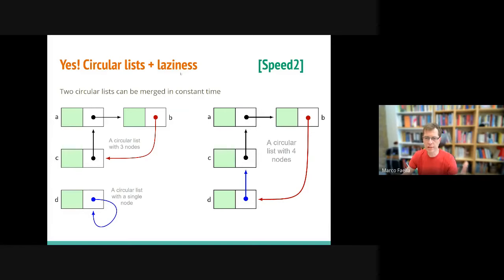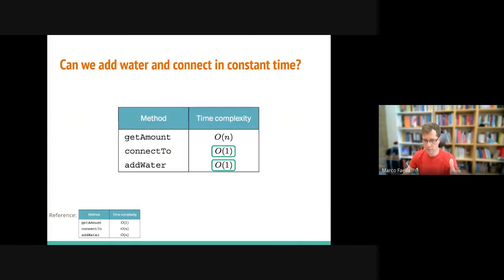And that's called laziness. This delaying of an operation until you actually need it is called laziness in computer science. It's called being lazy. So to get add water in constant time, we do it with laziness. When you want to add water to a container, you just add it locally to that container.